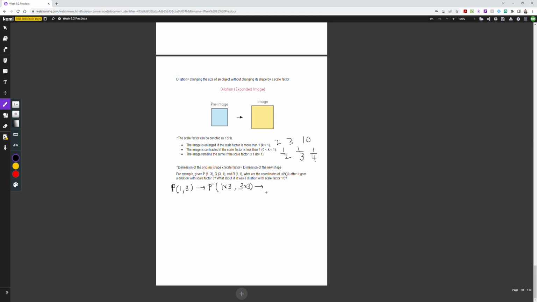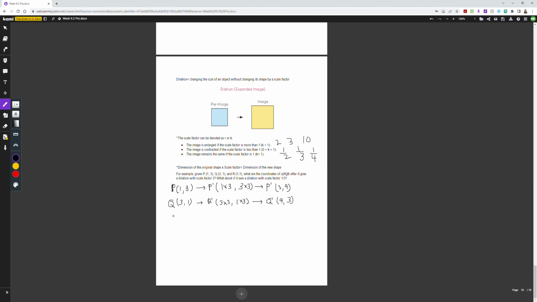So that means the coordinates for image P is going to be 3, 9. Now we're going to do the same thing for Q. So coordinates of original Q is 3, 1. We're now going to multiply everything by 3. So Q prime would have coordinates of 9, 3.